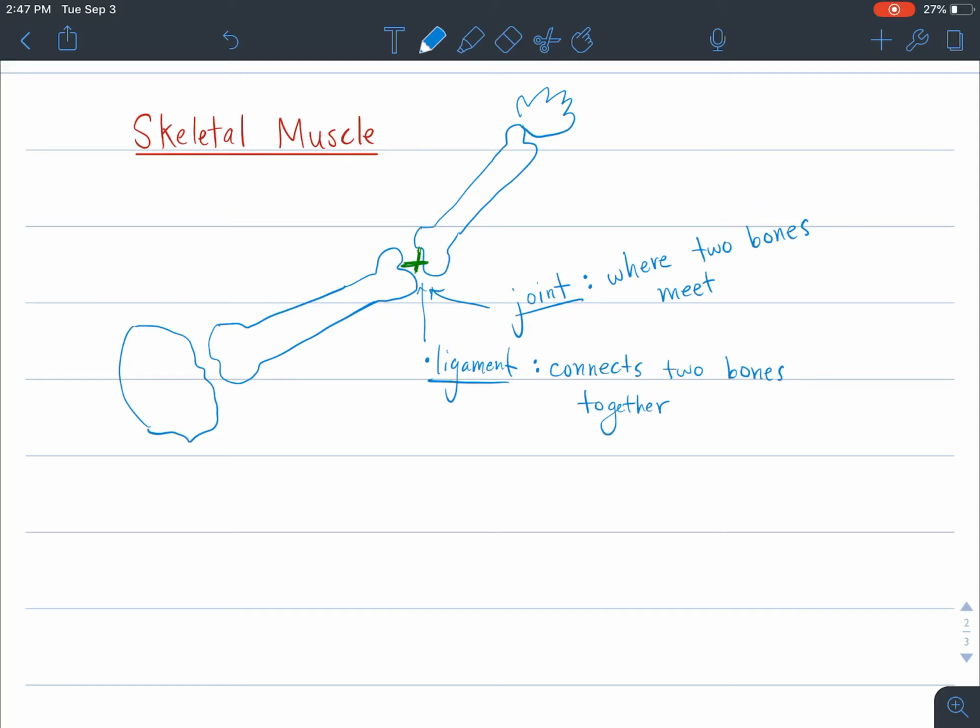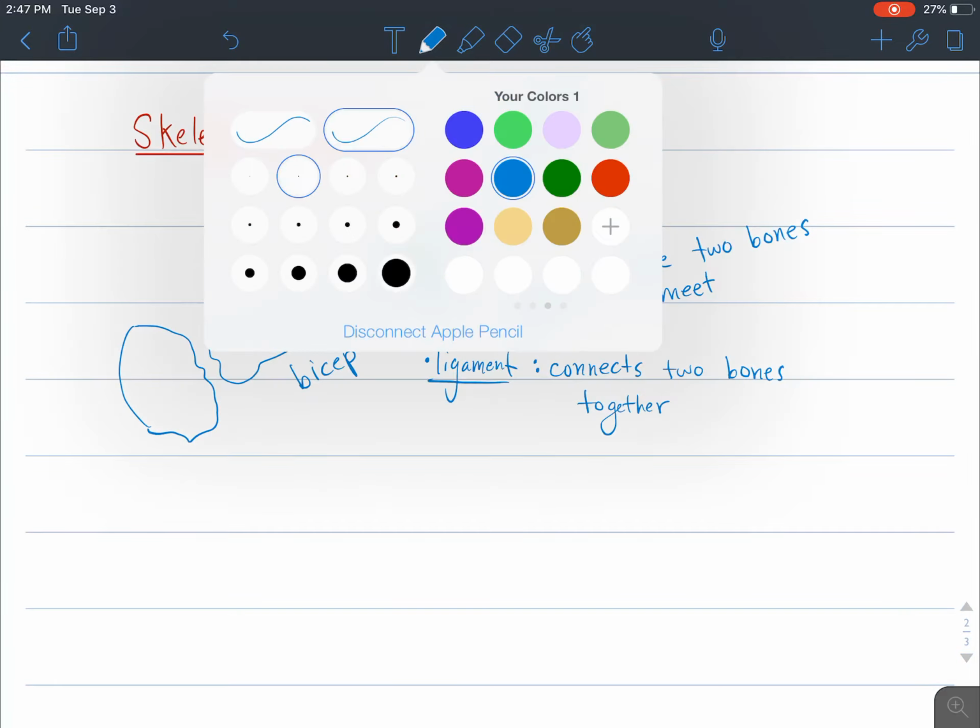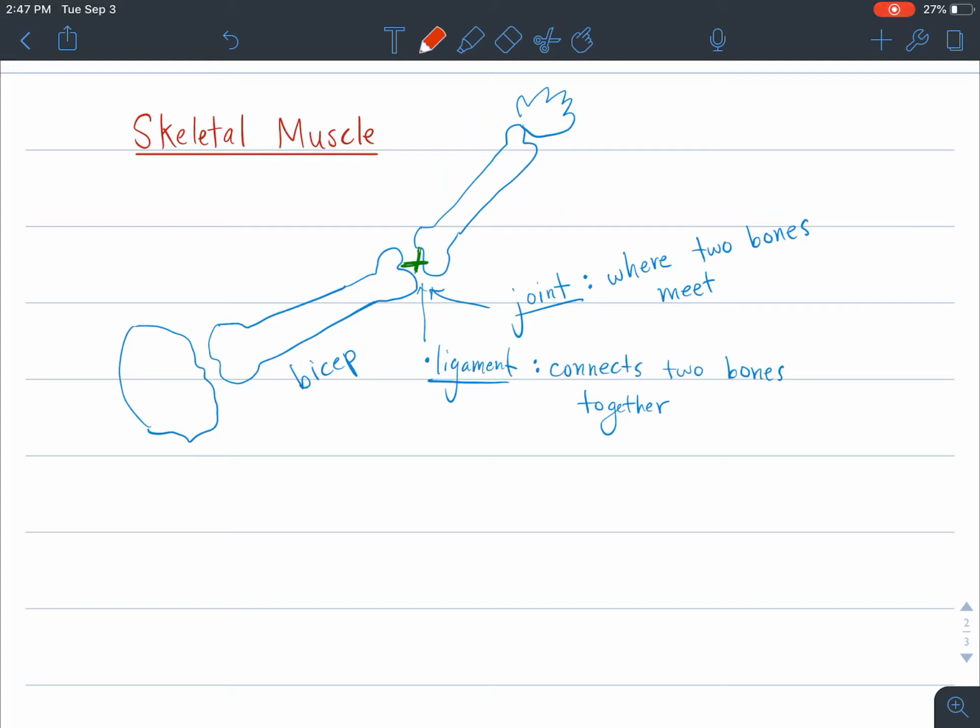And the muscle actually does that too. It helps keep everything together. So if we are going to draw our bicep muscle here, let's label that we're going to draw our bicep. I'm going to use red here to demonstrate our muscle. The muscle is going to be connected to the bone, to the shoulder, and both parts of the bone here.